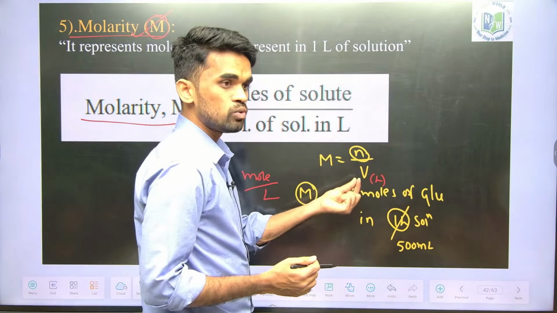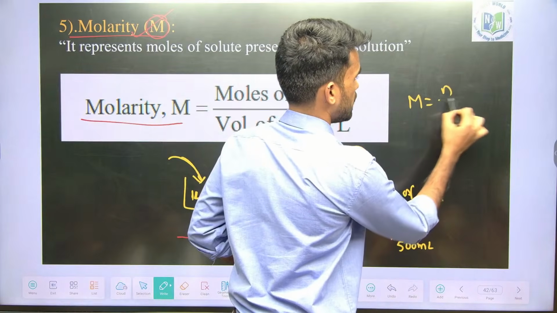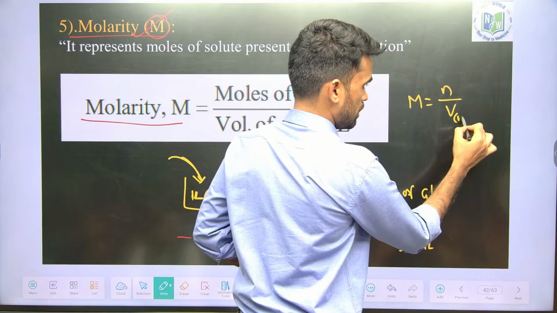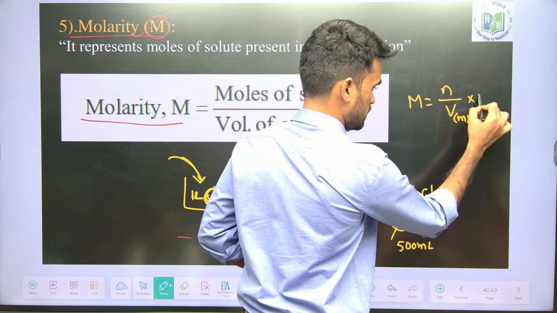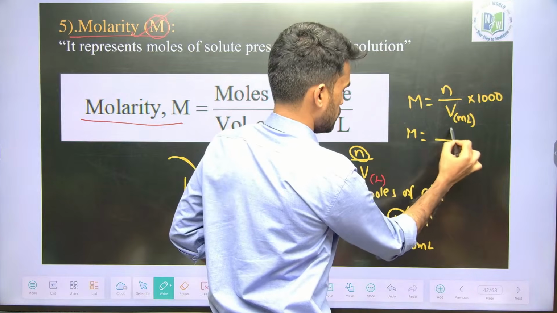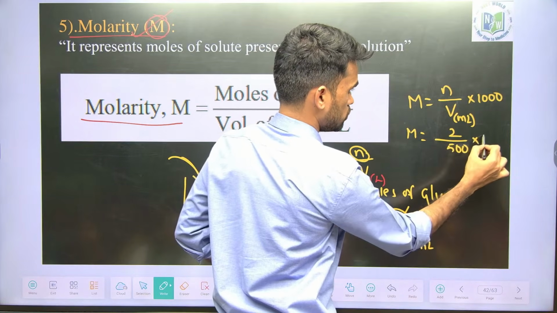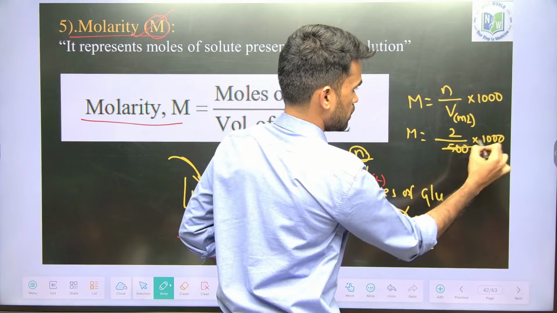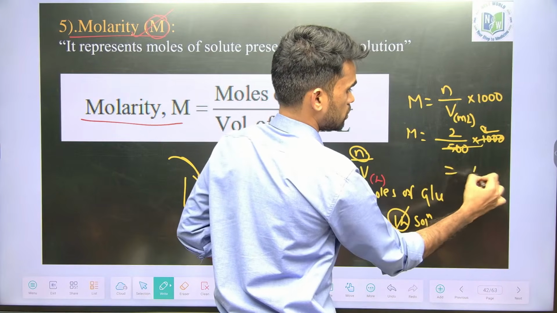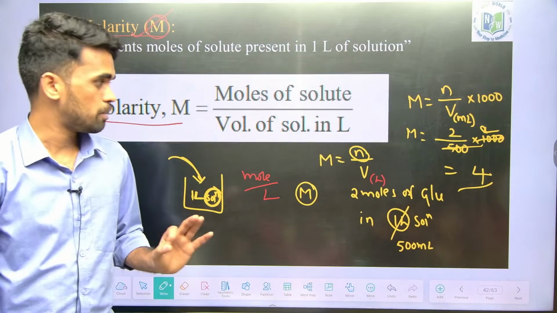Whenever I give you volume in ml, you take N by V and, since it is in ml, multiply it with 1000. Now tell me, 2 by 500 into 1000, so it will be 4 moles. Is this clear to everyone? Okay, up to here it is clear.